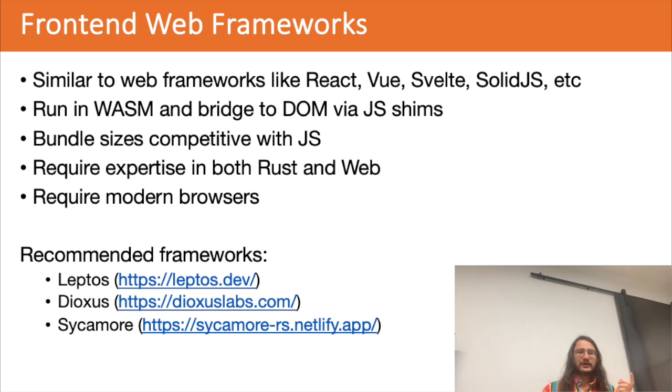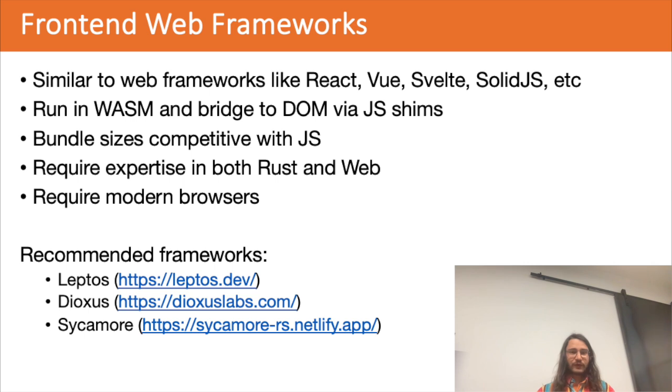They are just about reaching the level of maturity where you might actually consider using them. Their bundle sizes are competitive with JS, and the performance is very good, comparable with the best JS libraries, which is interesting, so it's much faster than something like React.